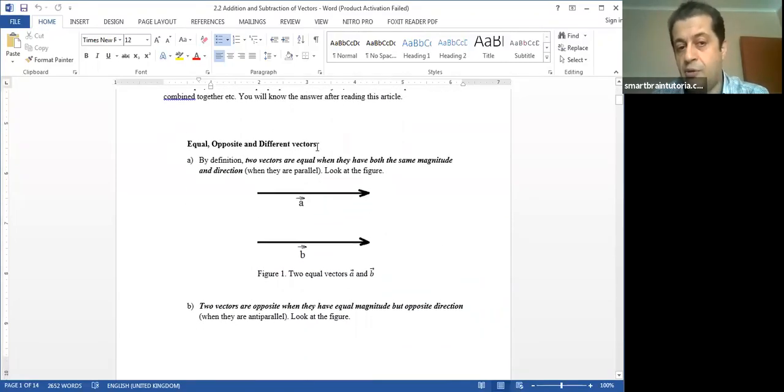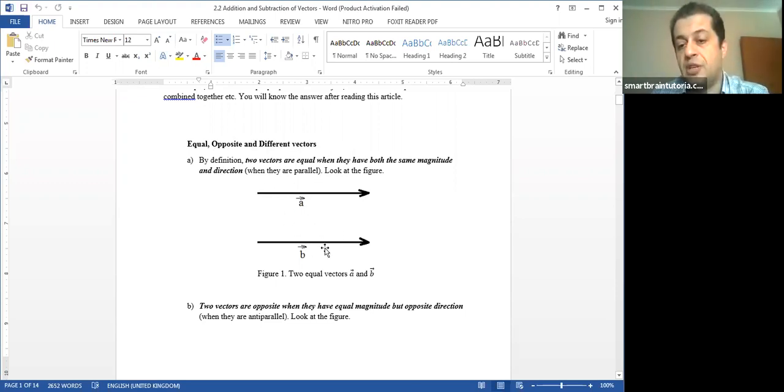So now I will start with the explanation of equal, opposite, and different vectors. By definition, two vectors are equal when they have both the same magnitude, the same size, and the same direction, when they are parallel.